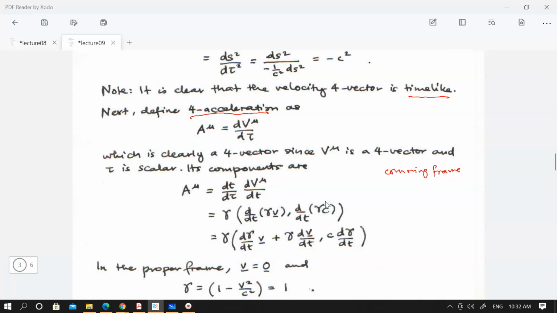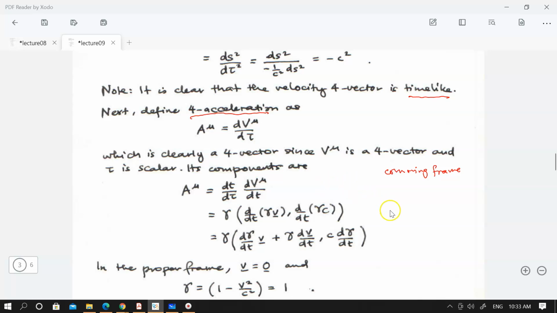So I have d gamma dt times v, and then gamma times dv dt. And over here again the same thing. You get d gamma dt times c, and then gamma times dc dt, but c is constant, so that gives you just c d gamma dt.